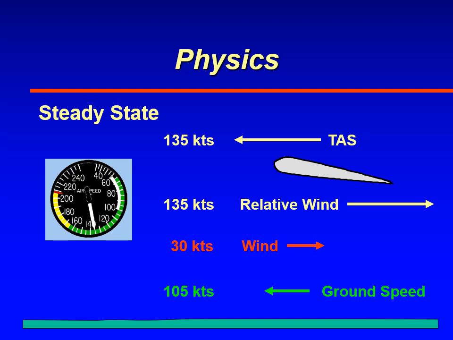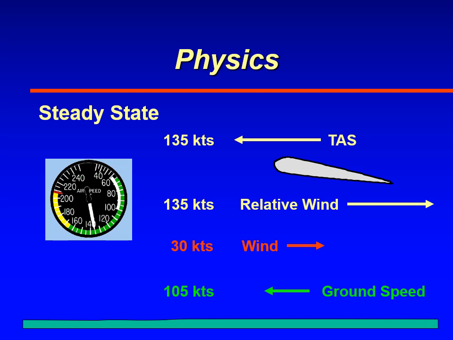For those of you who fly, you've probably experienced that in slow flight. Some days when the wind is really strong, let's say 40 or 50 knots, you could put the airplane in slow flight and hover over a point on the earth or even go backwards sometimes. So that's the concept we're talking about here.